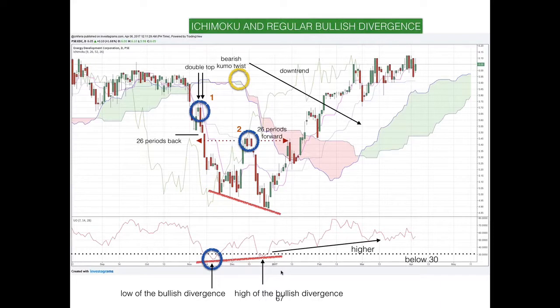So there's a low of the bullish divergence below 30. And then there's a higher low. And then the ultimate oscillator should proceed to make higher lows moving forward. So the oscillator rises above the previous low of the bullish divergence.